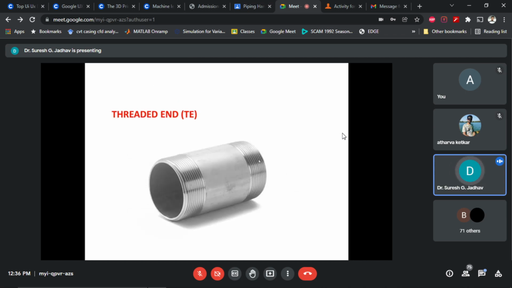In threaded ends, the nominal size of 3 inch or even smaller threaded end allows for an excellent seal. Most pipes use the National Pipe Threads, called the NPT standards, which describe the taper threads used on both sides, with the most common taper measuring 3 or 4 inch per foot.